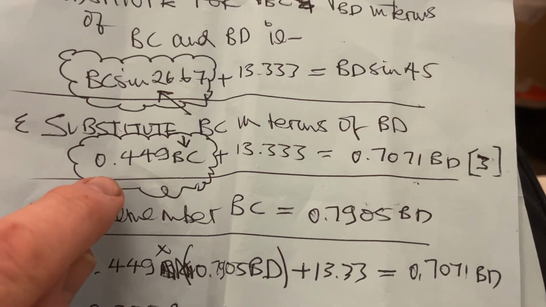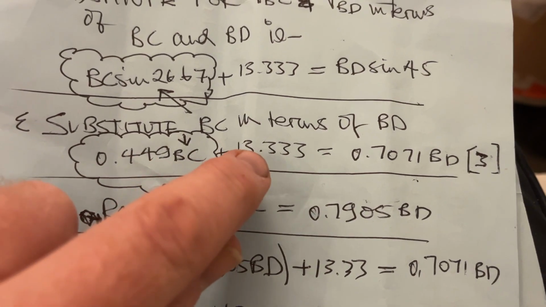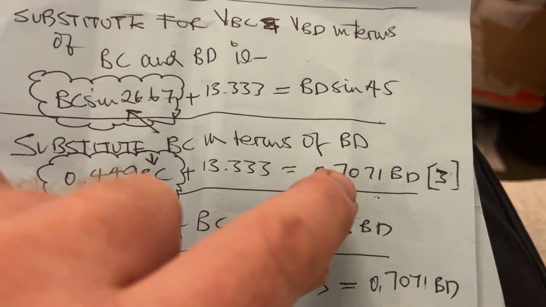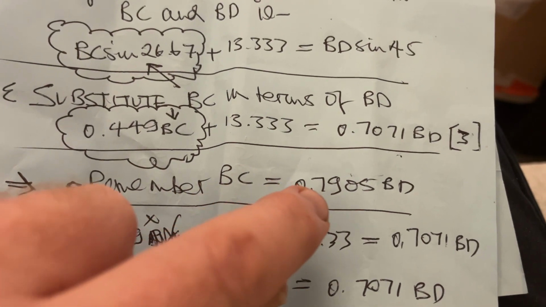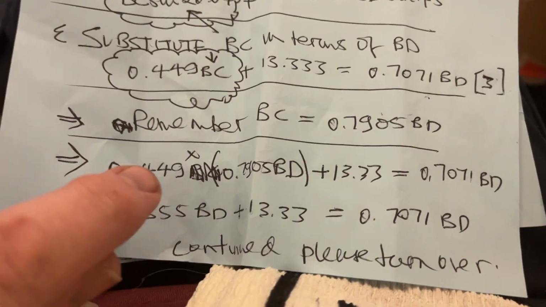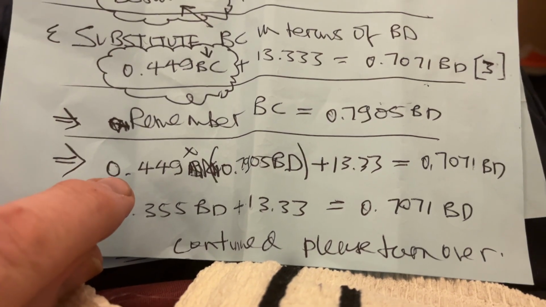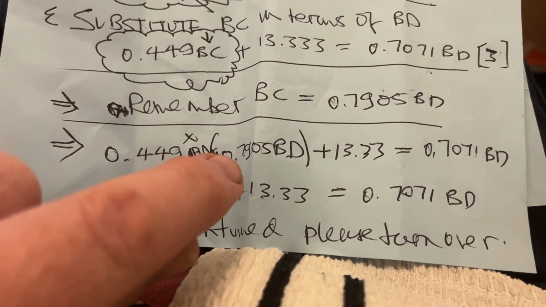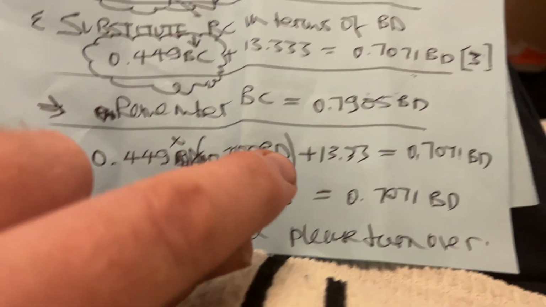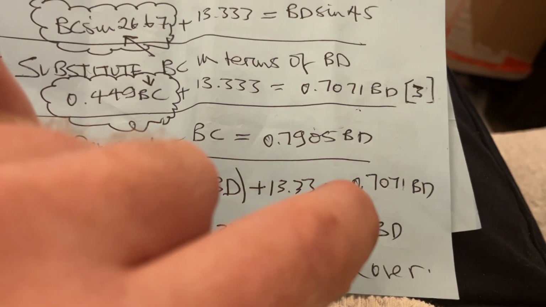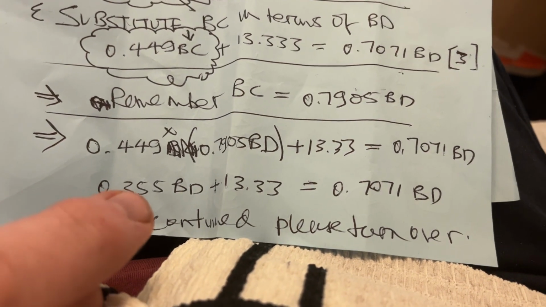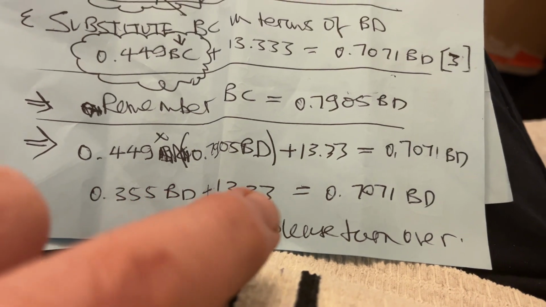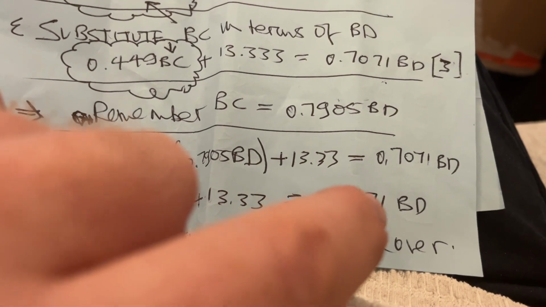That's 0.449 BC plus 13.333 equals 0.7071 BD. Remember that BC equals 0.7905 BD. Therefore, 0.449 times 0.7905 BD plus 13.33 is 0.7071 BD. 0.355 BD plus 13.33 equals 0.7071 BD.